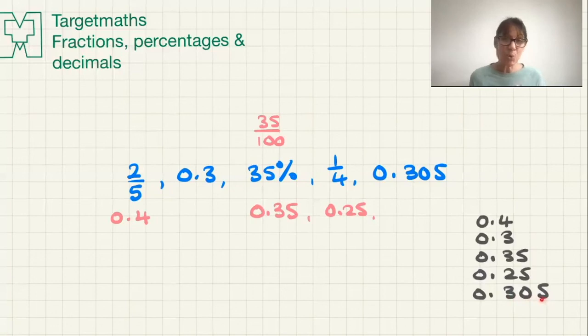But if I get them to all have the same, then I can actually cheat a little bit with the way that I read the numbers. So they're all 3. I've put all the placeholders in so that they all have 3 decimal places now. And now I can literally see this as 400, 300, 350, 250, and 305.